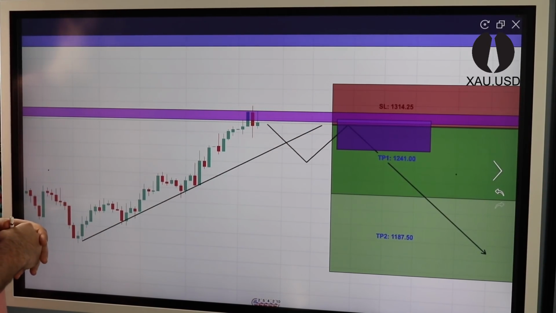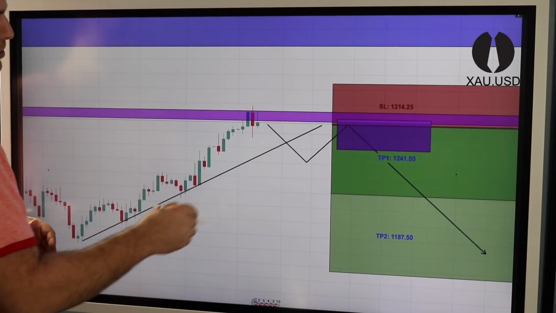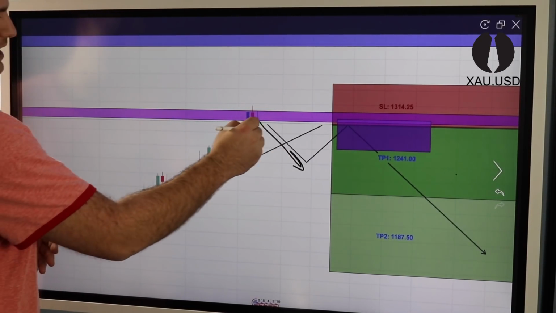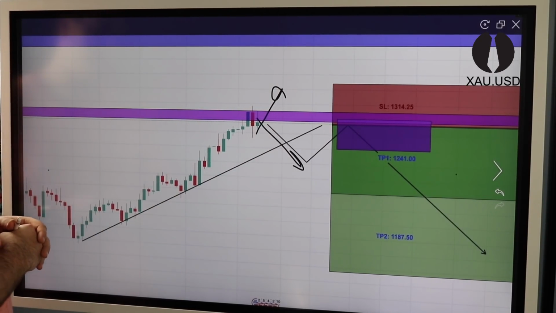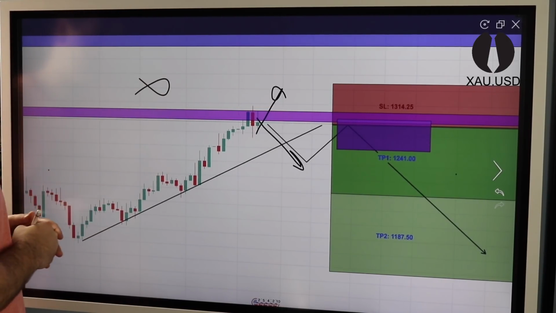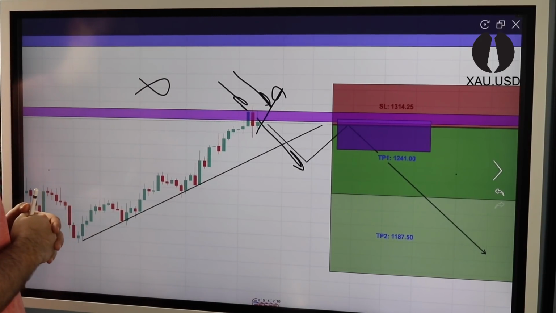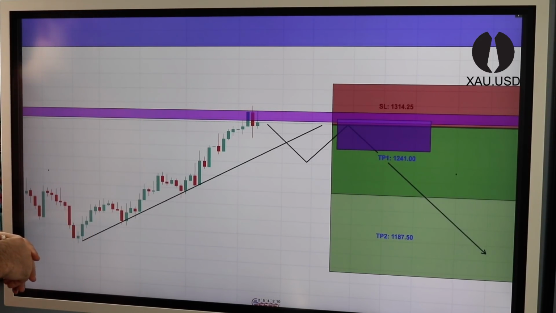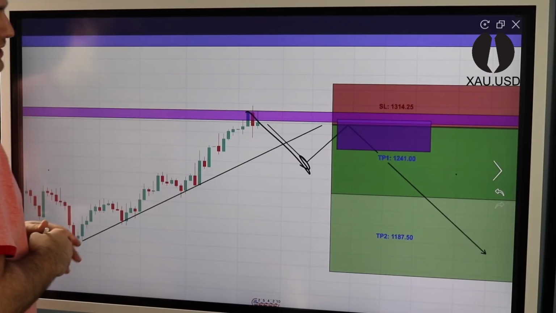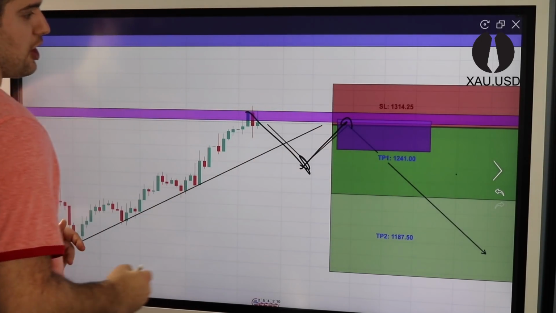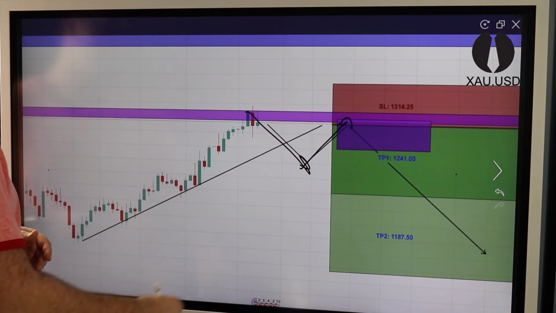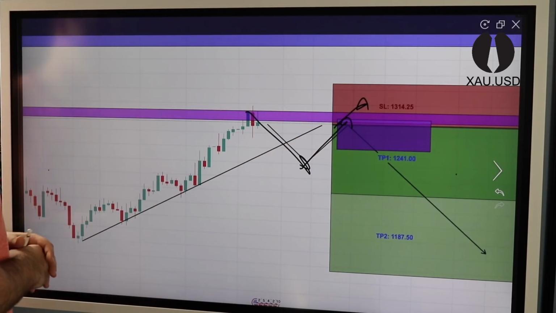Now there's only two scenarios that would make this trade invalid. If price fails to make this push to the downside and breaks its 61.8% fib to the upside, this trade's invalid because we know that there's not enough sell pressure to move price to the downside. Now the second play that might make this trade invalid is if price makes a push to the downside and comes back for exhaustion but fails to see price action confirmation and continues to the upside.